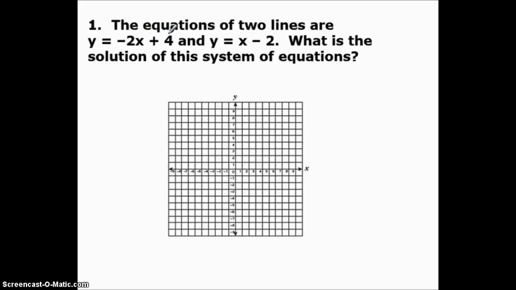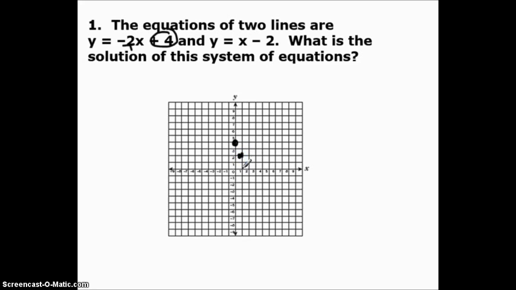So we have 4 is where we begin. We count up from 0 at the origin, 1, 2, 3, 4. And then we have a slope of negative 2, so I'm going to put that over 1, and we're going to go down 2 and to the right 1.